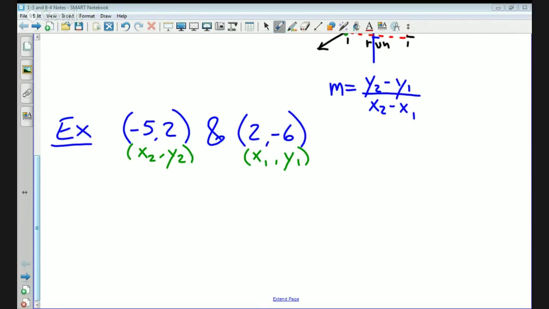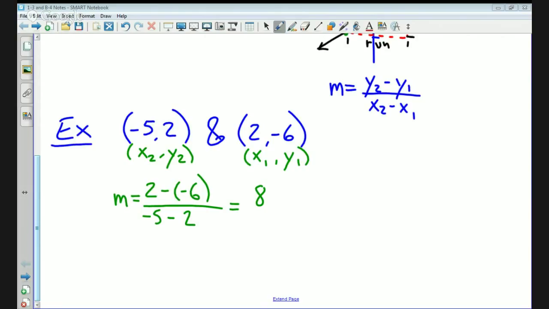And once you have that in, we can say, okay, well, m is equal to this y2, which is 2, minus the y1, and then over the x2, which was negative 5, minus the x1. When you work that out, the numerator is going to be a positive 8.